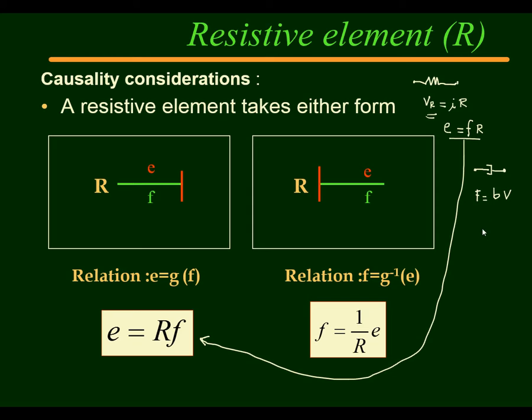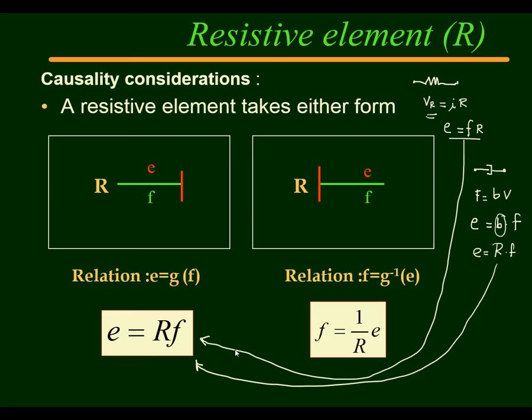And what happens here is that the force is the effort, then B is the constant here, B times the velocity, which is the flow, or this represents the resistive element constant, R times F, which is again exactly the same equation. Okay?